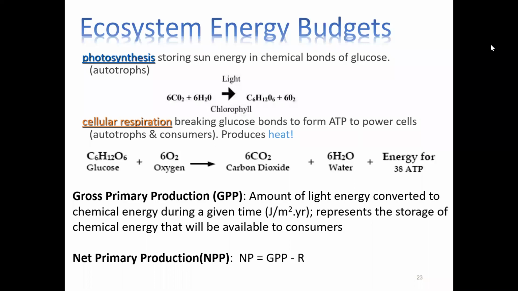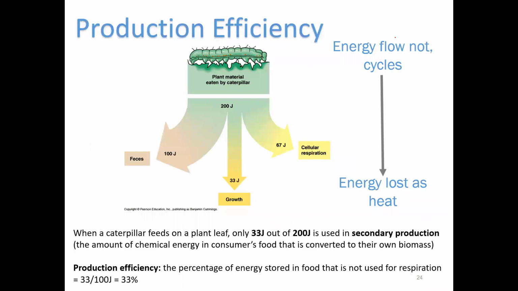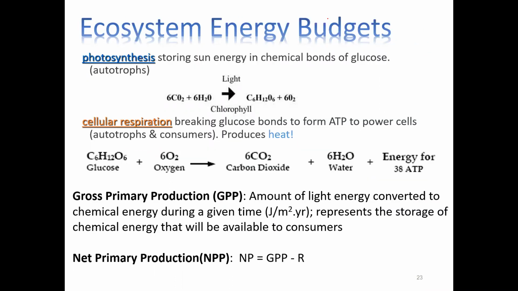Okay, so energy budgets. The amount of energy that is available is going to determine how much photosynthesis occurs. The amount of light energy that gets converted to chemical energy in a certain area during a certain time represents the stored chemical energy that will be available to consumers, our primary productivity.